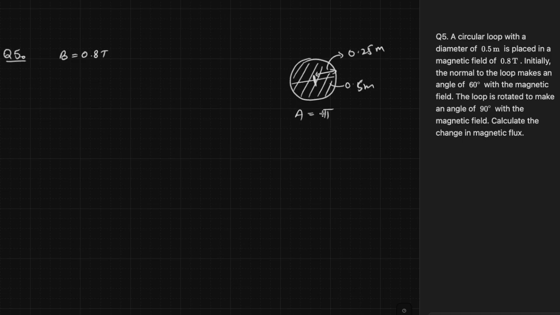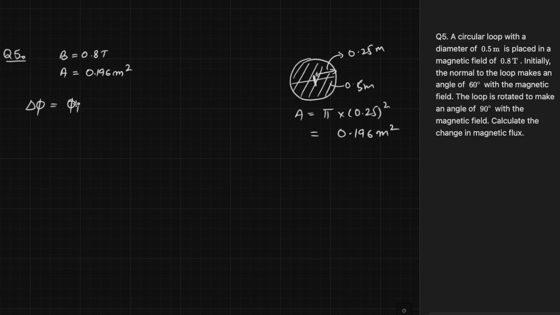So the area will be pi into 0.25 square. It will come around 0.196 meter square. Okay, now let's proceed. So the magnetic field is 0.8 T. Area we calculated: they gave us diameter, we got the radius, and then we used area formula. So it will be 0.196 meters square. That is also good.